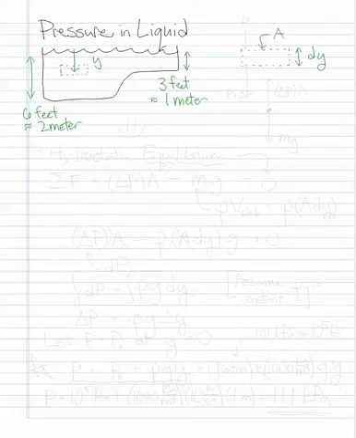Now I realize that there's pressure pushing in from the rest of the fluid at all points here. But I also realize that in order to balance out the force of gravity, so I'll draw a free body diagram here, there must be a net force of the pressure upward. So what does that mean?